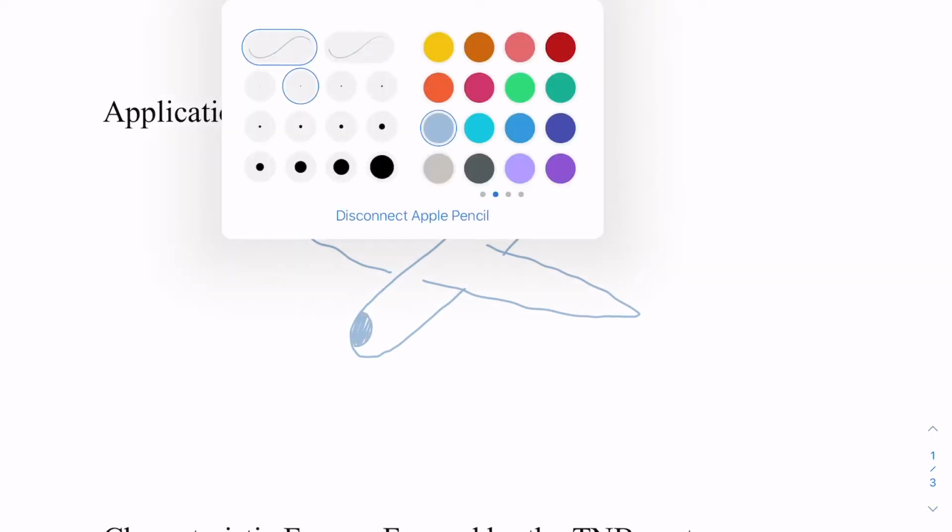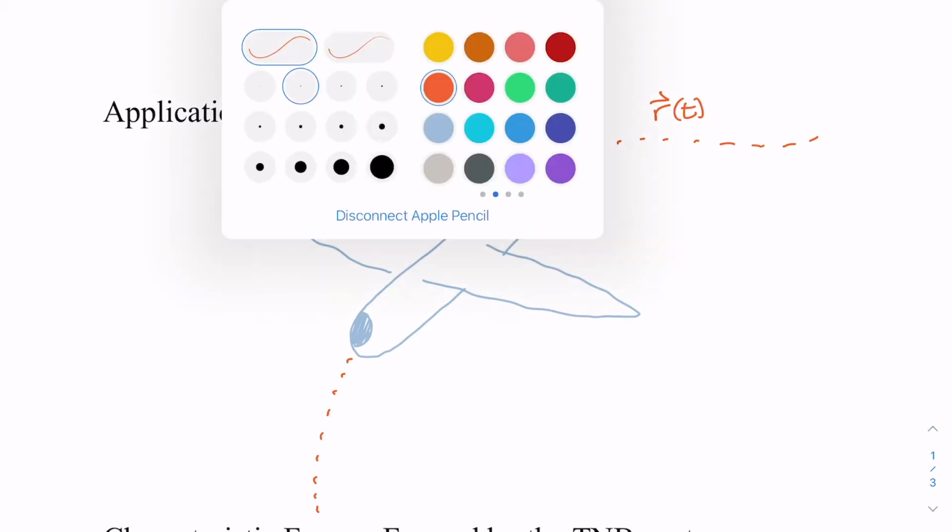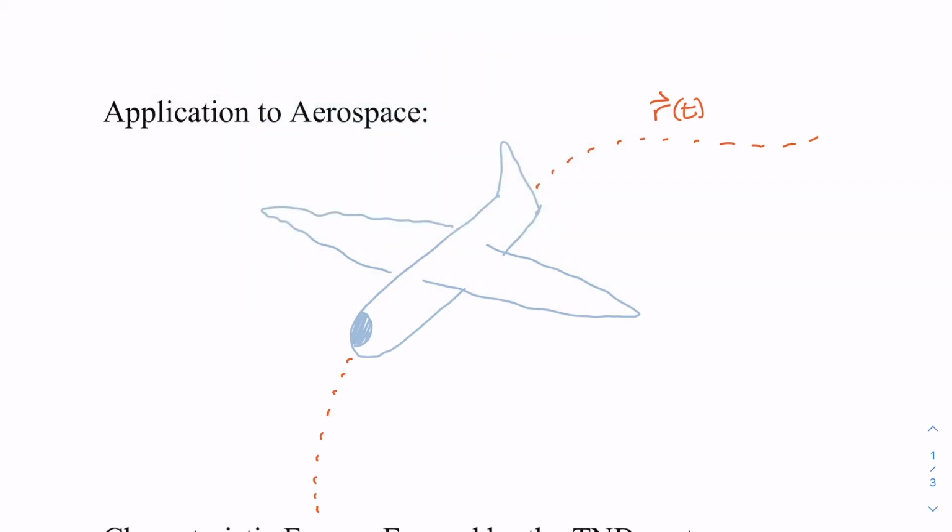Then we can superimpose these T, N, and B vectors onto it. So you can imagine that I'll draw its flight path in red. So here's its path of motion. That's kind of like r of t, its path of travel. Then we can evaluate the plane as if it was at this point right here. So that's the point we're evaluating at.